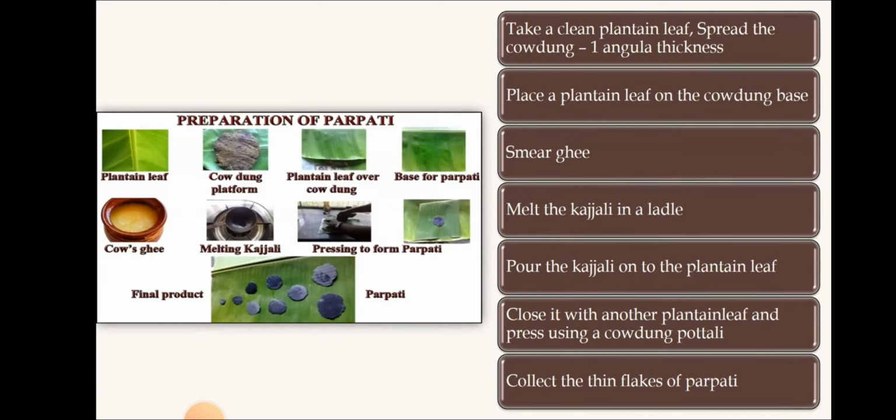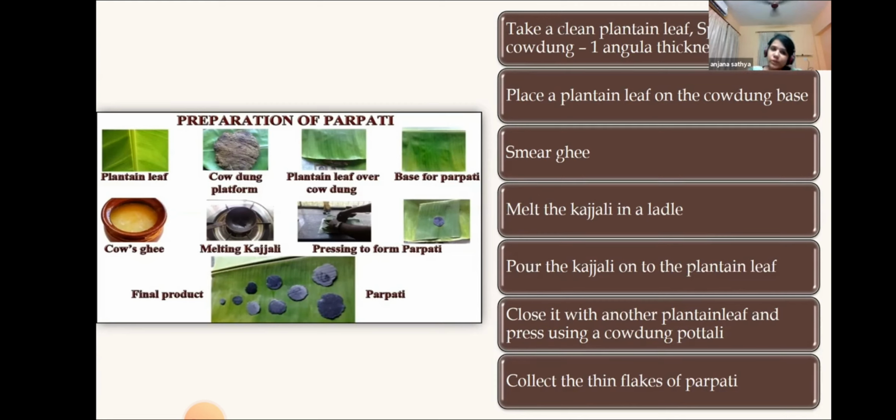We have to take a clean plantain leaf and keep it on an even surface. Over that plantain leaf, we spread freshly collected cow dung, and the thickness of the cow dung bed will be 1 angula.